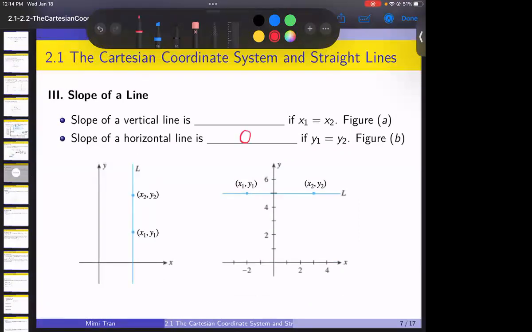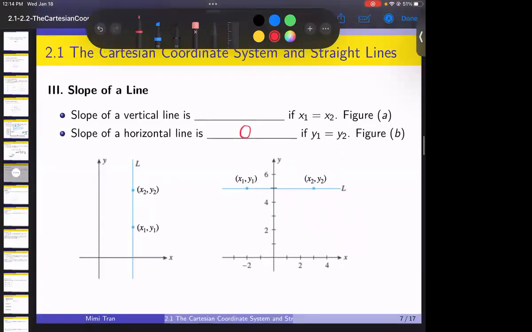Let me tell you why 0. The slope is y2 minus y1 over x2 minus x1. If the line is horizontal, then every point on the line has the same height, yes? That means every y is the same value.